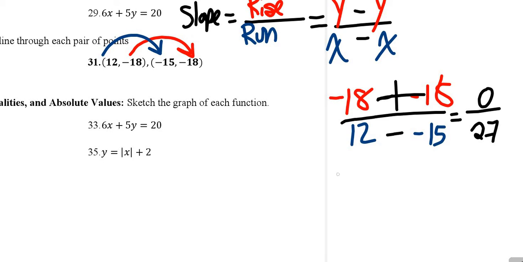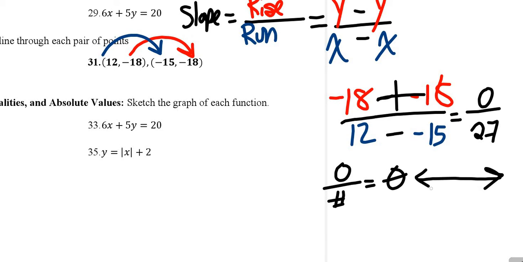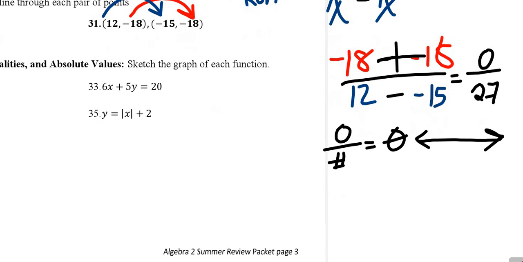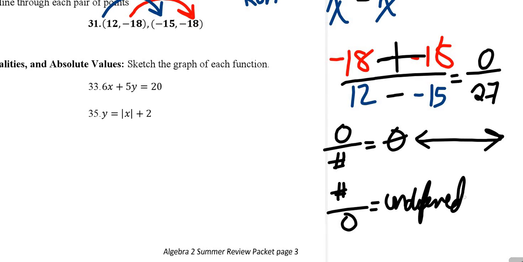But 0 over any number is just 0, and a 0 slope is a horizontal line. Keep that in mind. Any number over 0 is undefined, which means it is a vertical line.